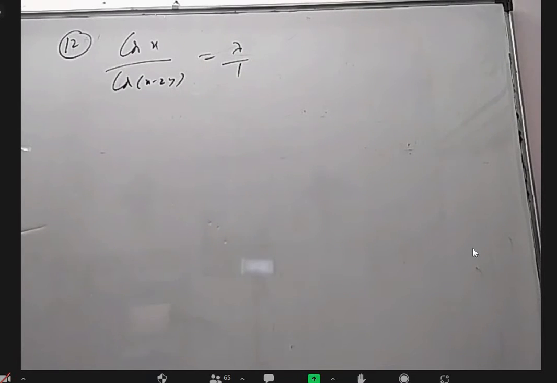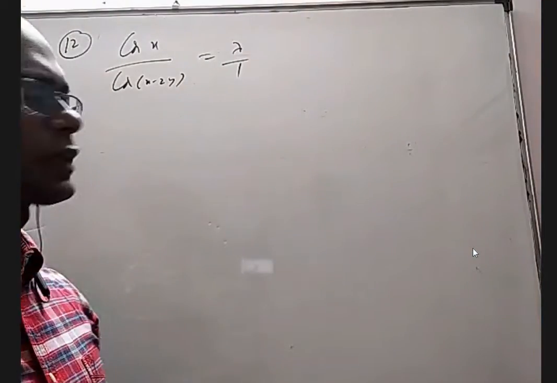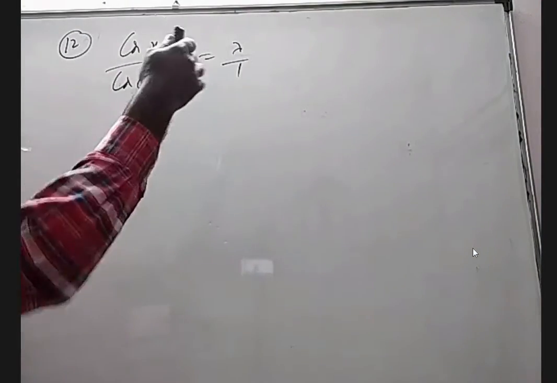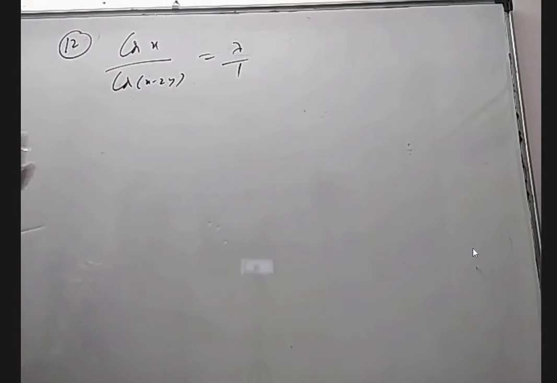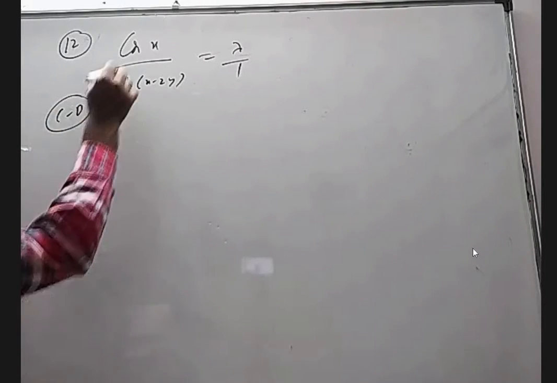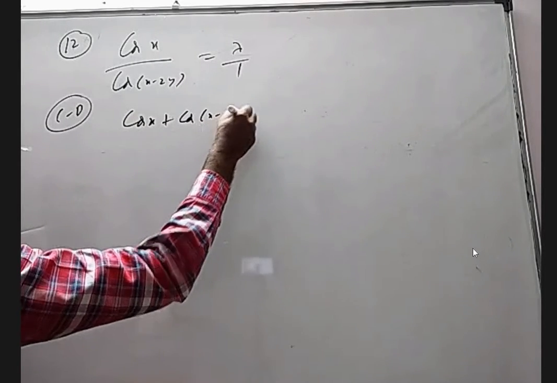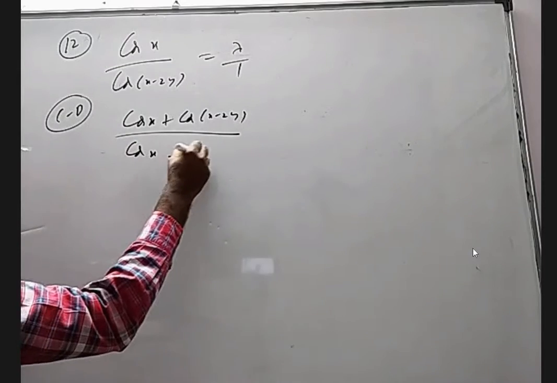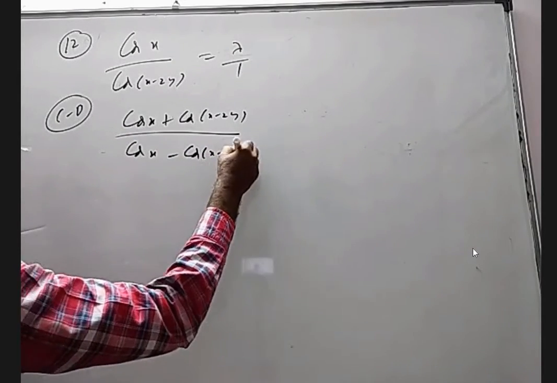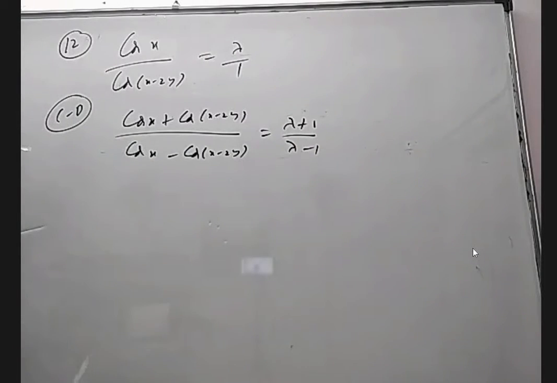They wanted some tan(x minus y) and things like that. I can multiply by 2, divide by 2 and apply transformations, or I can apply componendo-dividendo over here. Let us see what happens when we apply componendo-dividendo. It will be (cos x plus cos(x minus 2y)) over (cos x minus cos(x minus 2y)) equals (lambda plus 1) by (lambda minus 1).